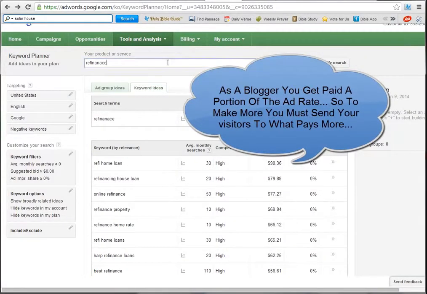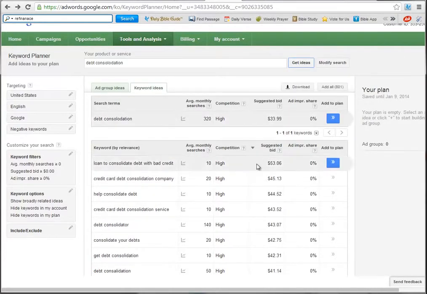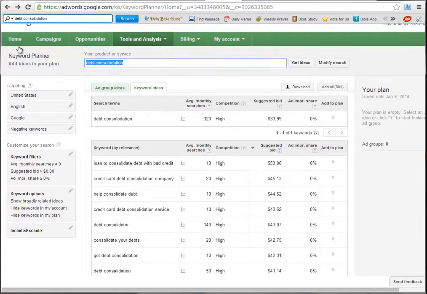Okay, another one could be debt consolidation. Okay, and you'll notice that these things naturally have to do with our market, but it's more expensive because we're getting them into the more expensive stuff here, right? Like these advertisers are paying a lot more than someone just looking up money saving tips.